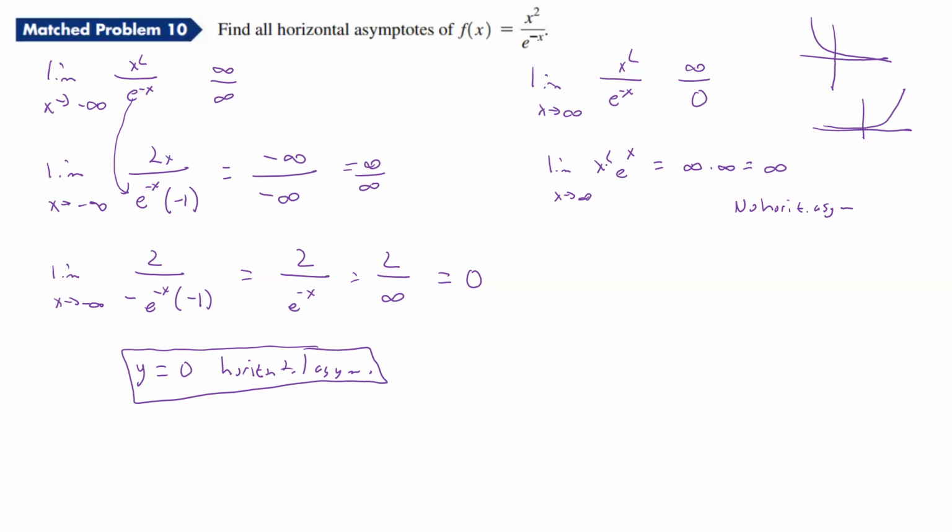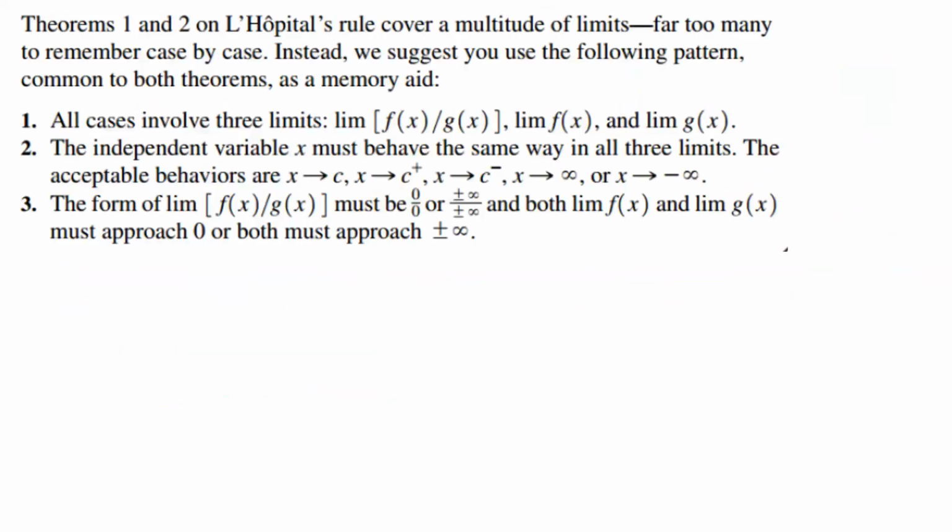The other way is the limit as x approaches infinity of 2 over e to the minus x, which gives us 2 over 0, and that's undefined. So it gives us no horizontal asymptote in that manner too. It depends on how you want to look at it, but that gives you the solution both ways.